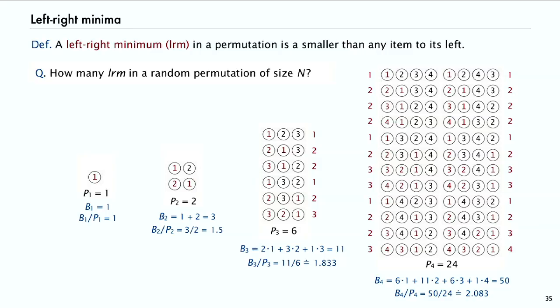If a permutation begins with 1, like the ones on the top in these examples, it's only got one left to right minimum, the 1. If it begins with 2, it's got exactly 2, the 2 and the 1. If it begins with 3, it might have 2 or it might have 3, and so forth. A permutation in reverse order of size n has n left to right minima. Each new one is a minimum.